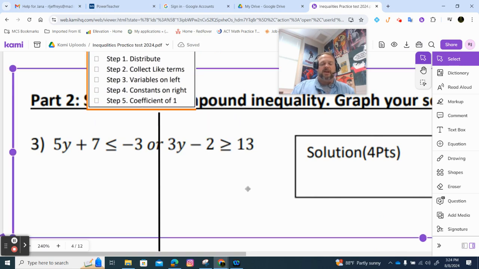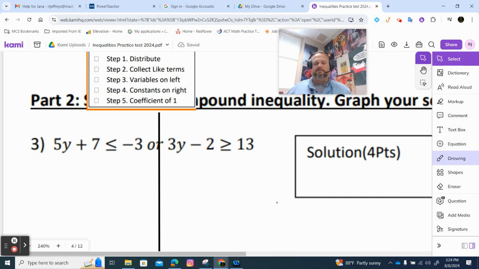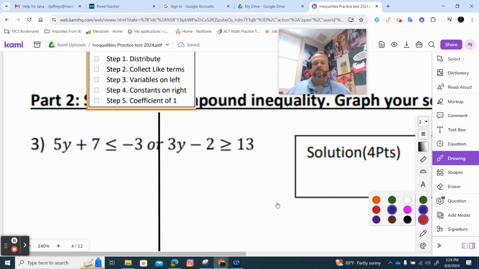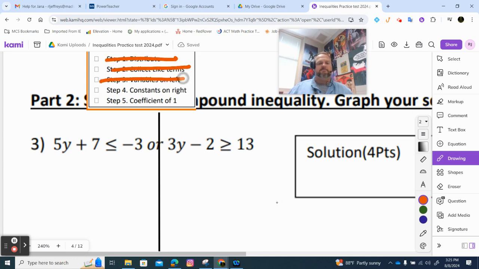And please, for everything that's good in the universe, don't tell me I'm gonna divide by 5 first. Constants on the right. That's the number.